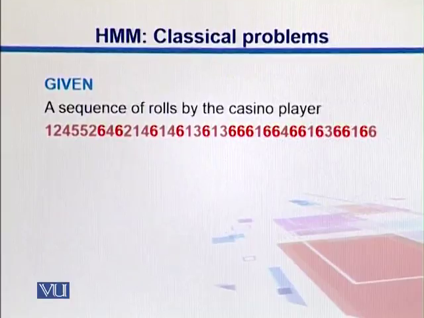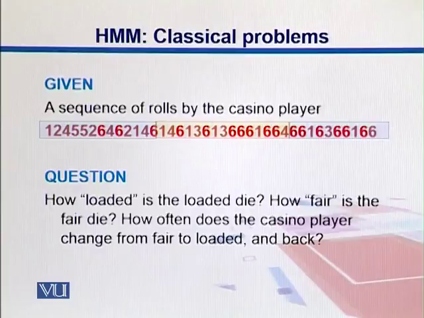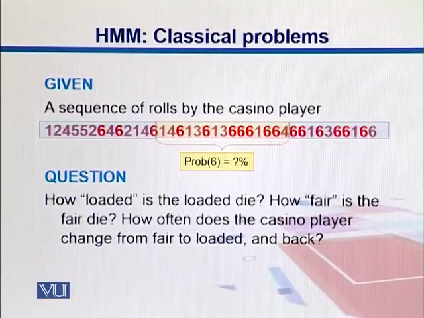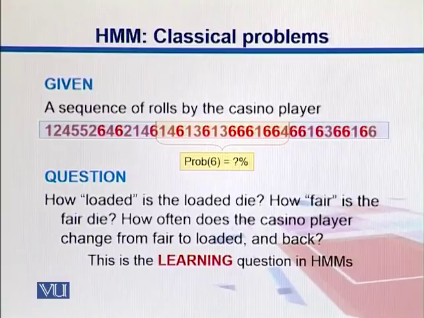For example, we again have this sequence of rolls, and the question is how loaded is loaded, how fair is the fair, and how often does the casino player change from fair to loaded and back. It's working with the probabilities and getting them into those equations or numbers. For example, what is the probability of a 6 while we are in this region? That is our learning.